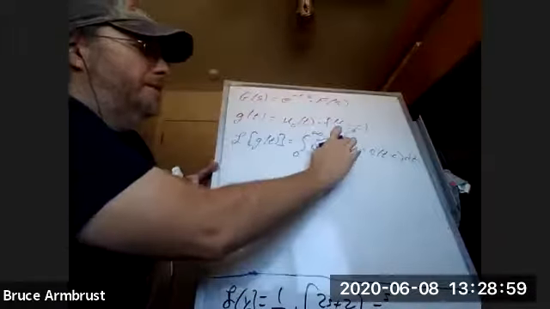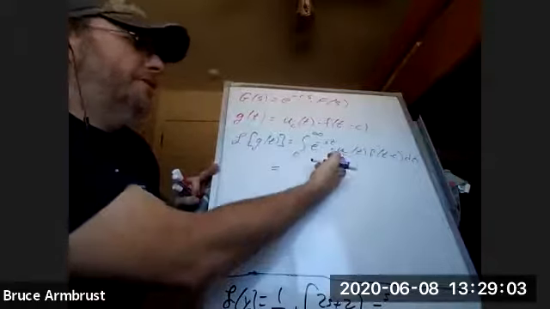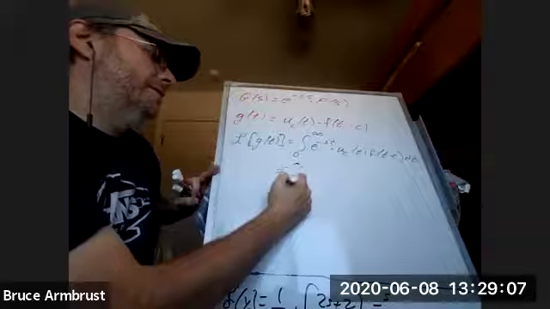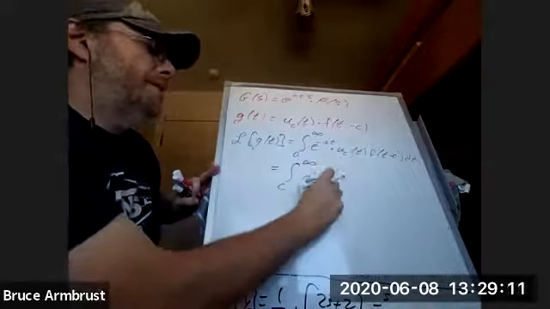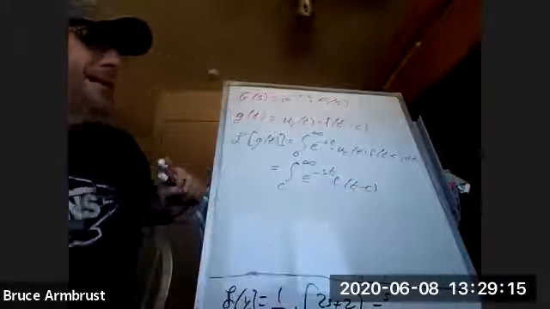Now, because this thing turns on at c, it's 0 otherwise, that turns this into an integral from c to infinity, e to the minus st times f of t minus c.